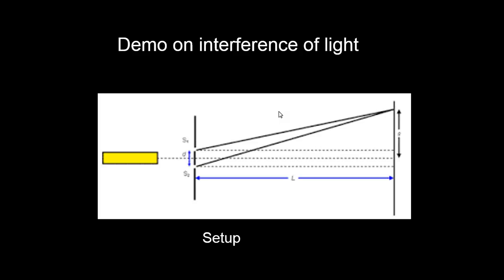In lecture I did a demo on interference of light. The setup looked like this. I have a laser beam, which is only one beam. If I don't have the two slits, what you see on the screen will be just one spot. So in order to have interference, I need two beams of light. And to do that, instead of using two lasers, I'm going to use a double slit.